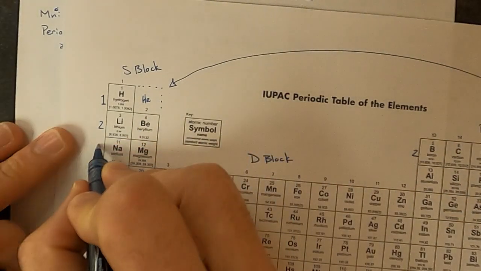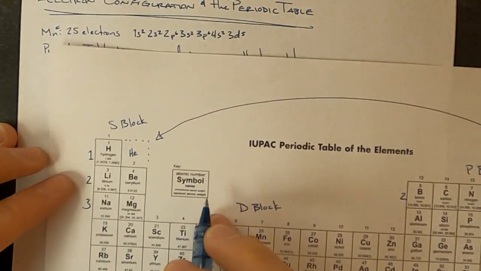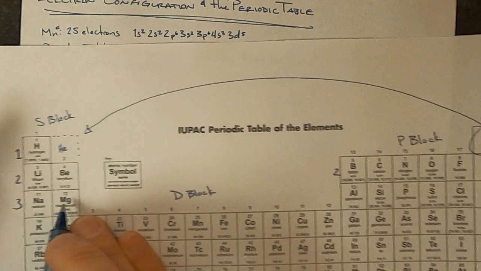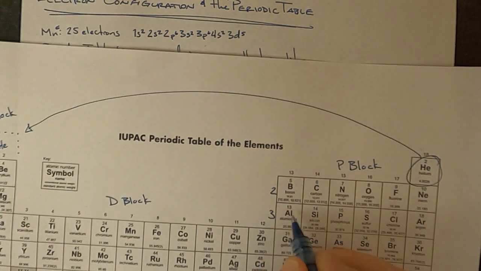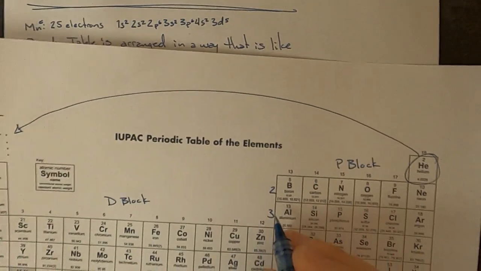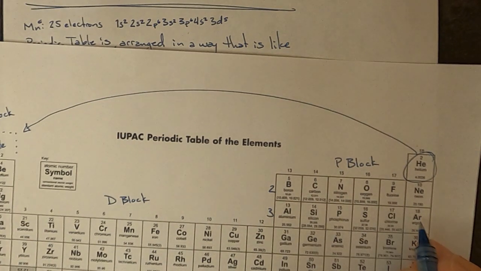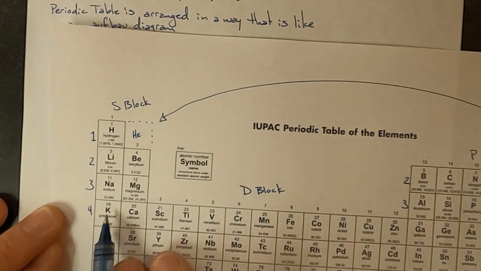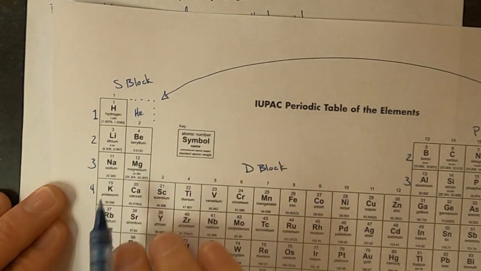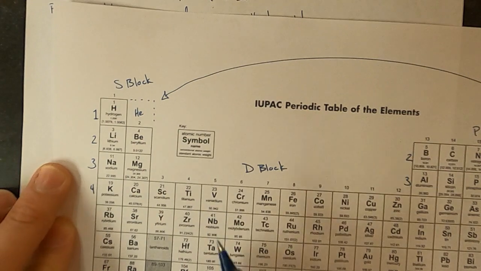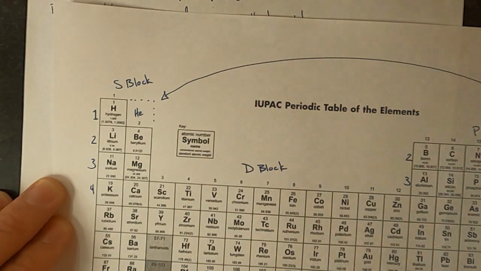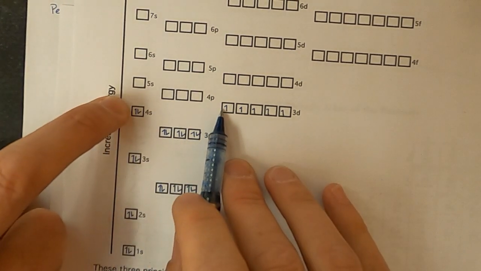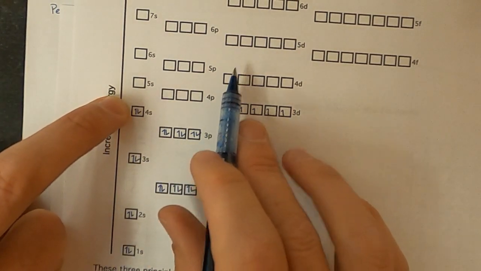We would now move to 3s, and we would move over 2 places before we move to the 3p section, and we would be moving over 6 places until we move to the 4s part of the periodic table, where we would move 2 places. And now, because the Aufbau diagram has 4s but then 3d, the d's are offset by 1.